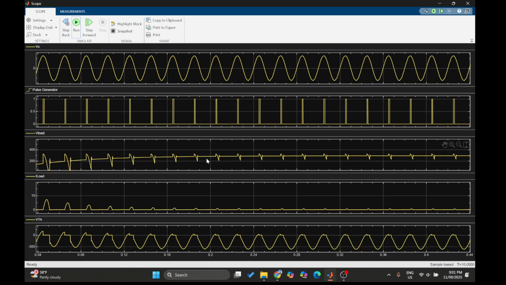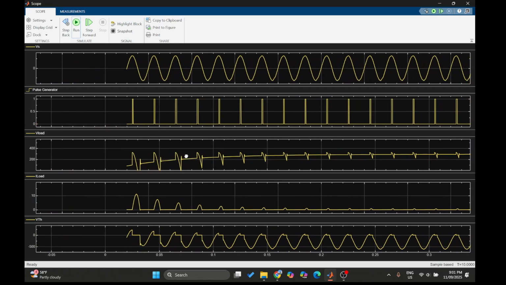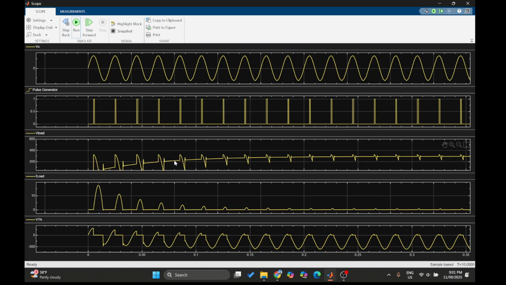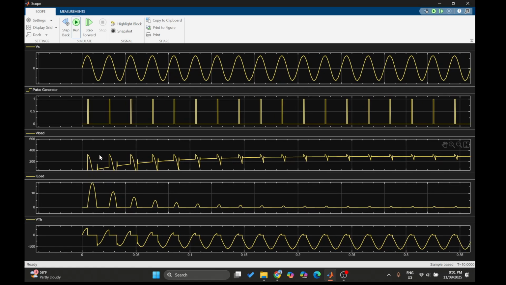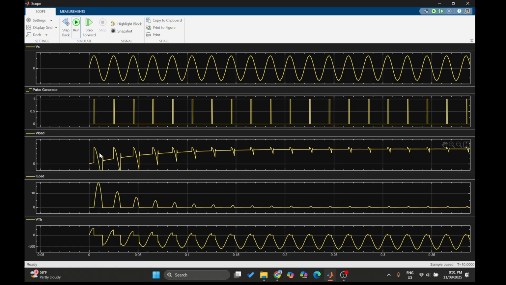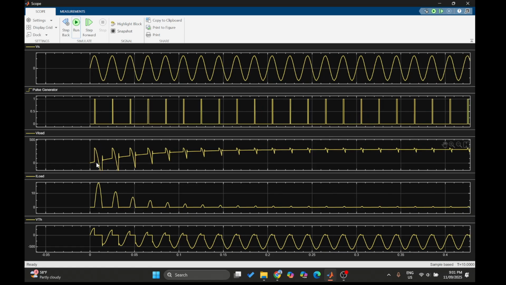As soon as the voltage drops below the ED, the current starts decaying. Look, initially the voltage is high.